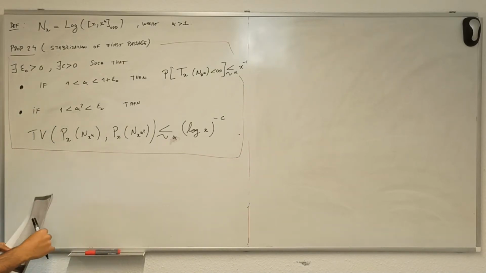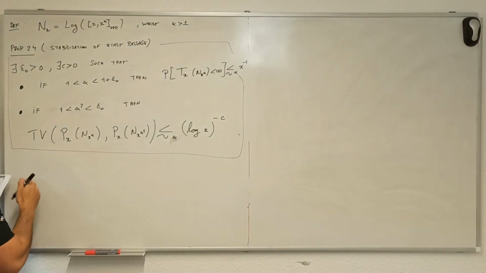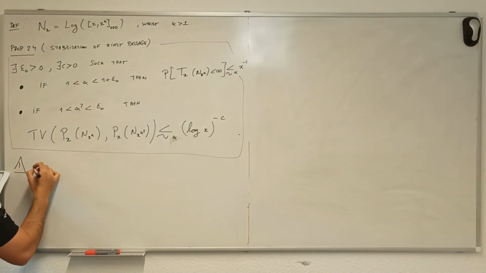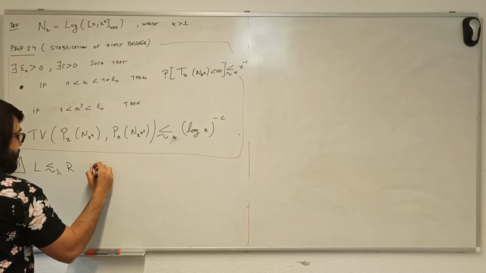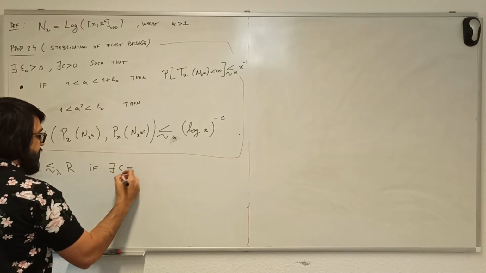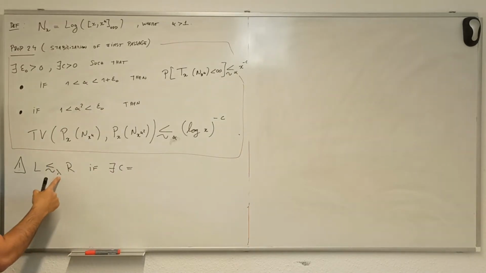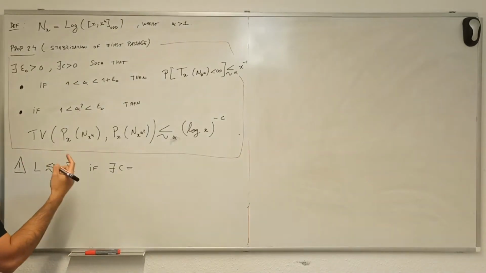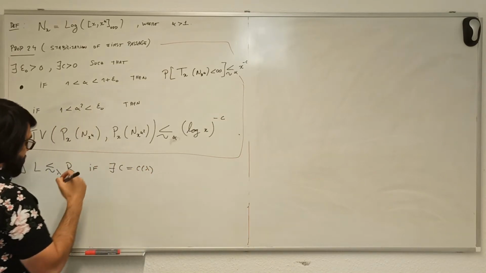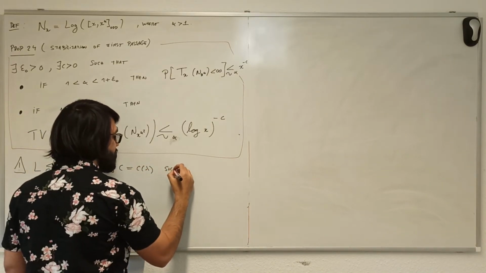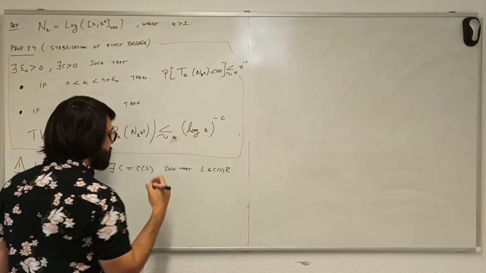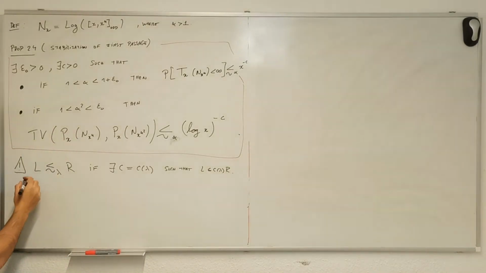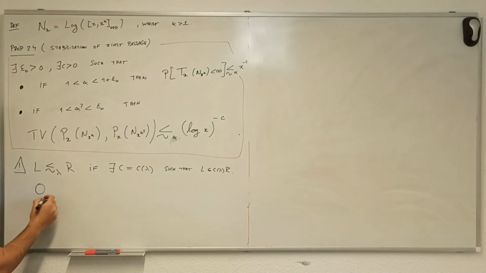Okay, so before I give some intuition about it, let me just do this. We will always write something like this: a left side is less or equal than something on the right if there exists a c, and this c depends on this lambda, this object lambda, which could be a bunch of constants or functions, etc. So it depends on lambda, such that L is less or equal than c lambda R. Okay, so L and R are positive quantities. I will also use the O notation.